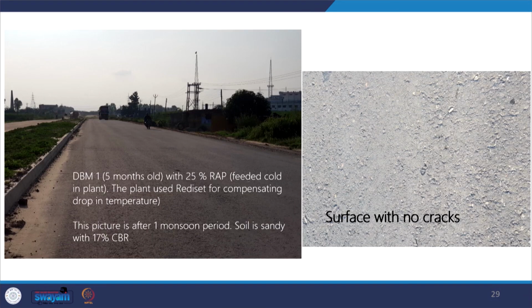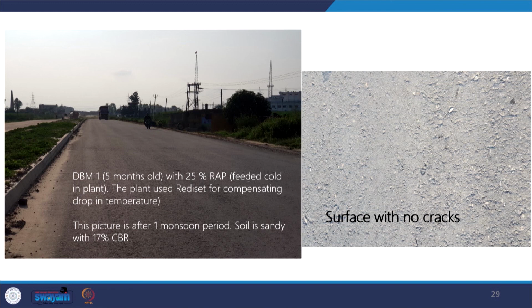Well, these are some pictures taken from one of the sections where they constructed a DBM mix, dense bituminous macadam, a binder course used in India, with 25% RAP, and this was fed cold, surprisingly, and they used ready mix to have a uniform mixture and to have more haulage distance so that the temperature drop could be minimized.